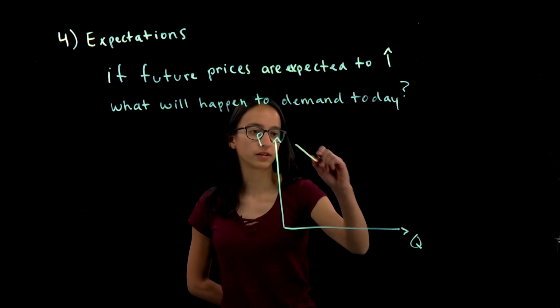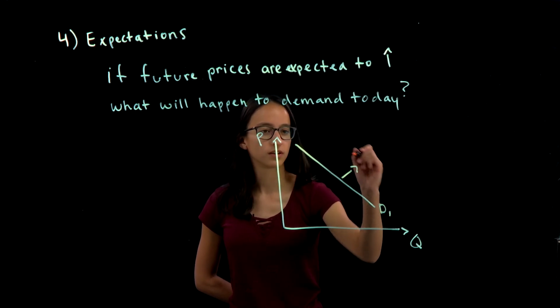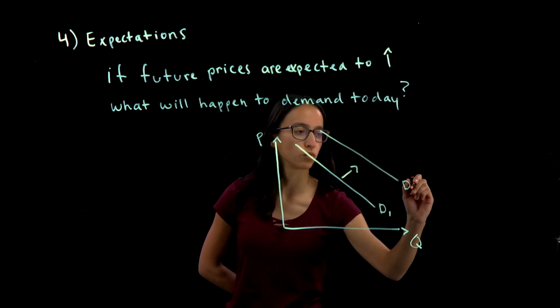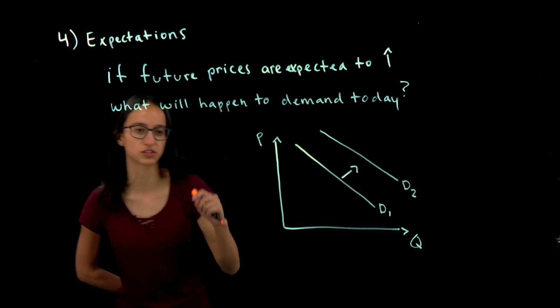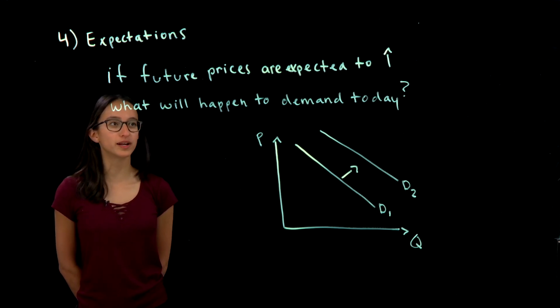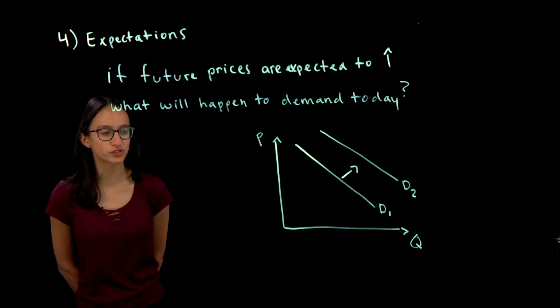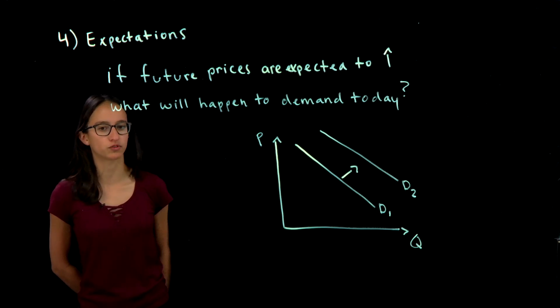So demand goes from demand 1 to demand 2 for whatever good we're talking about today, because it's going to be more expensive in the future. On the other hand, if future prices are expected to decrease, your demand today will also decrease because you know that in the future it'll be cheaper to buy whatever you're in the market for than it is today.